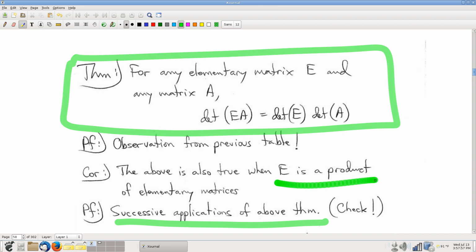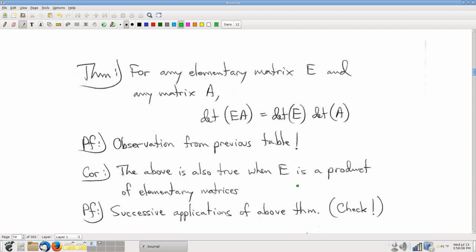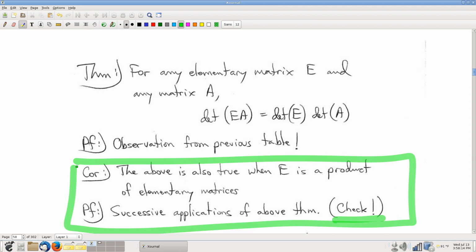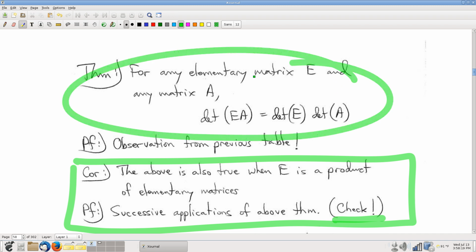So if E is a product of elementary matrices, just apply this theorem as many times as necessary, and you get the desired result. So I'm going to leave it to students to check this result. That would be a good practice problem. Try to apply this result to prove this result.